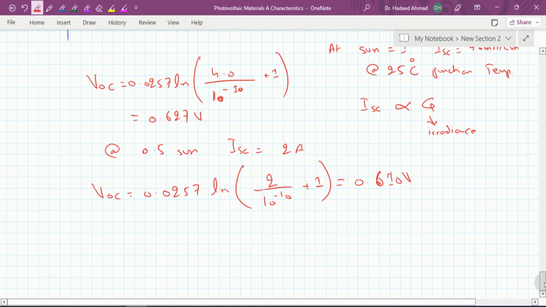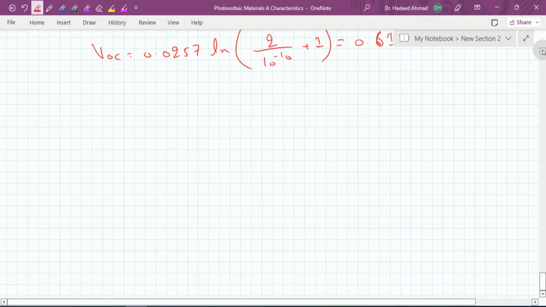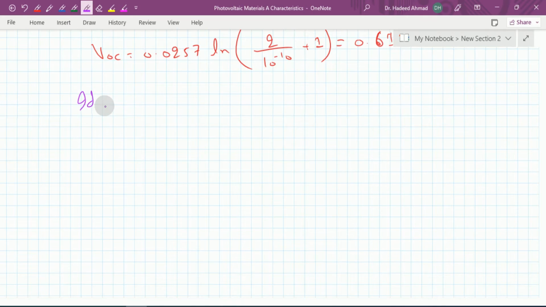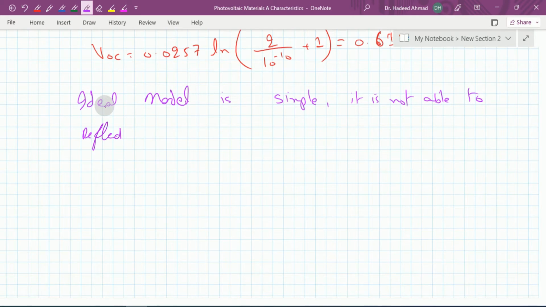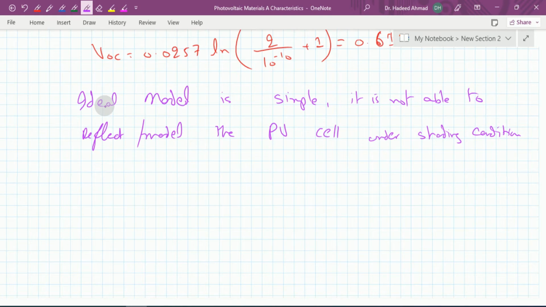But we have another problem with this particular model, and that is that this ideal model, although it is simple, is not able to reflect or model the PV cell under shading conditions, right? So let us see how and why it is not possible.